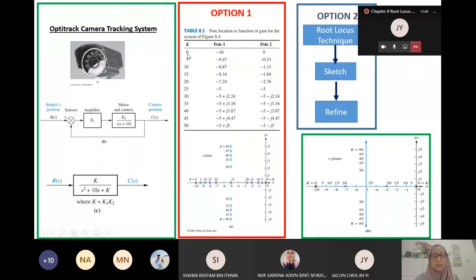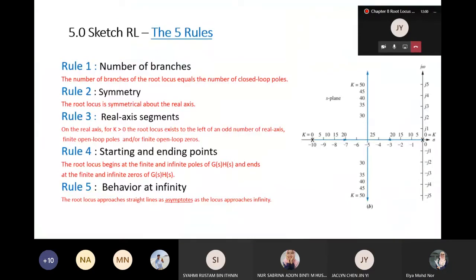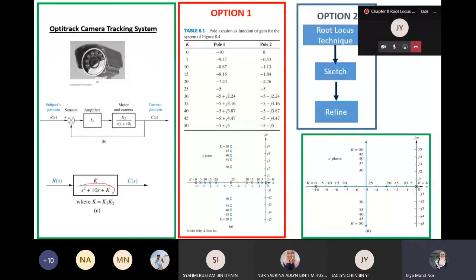K equals to 0, K equals to 5, 10, 15, 20, 25, 30, and we're going to find the poles. Okay, we need to find the poles here.